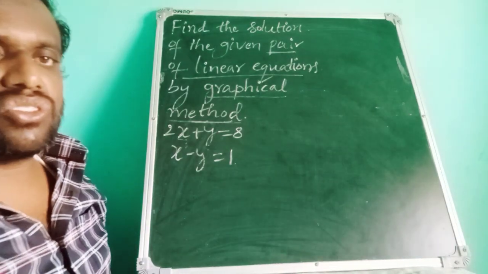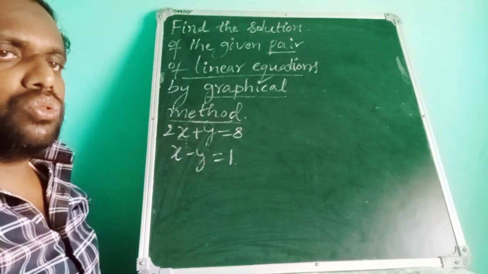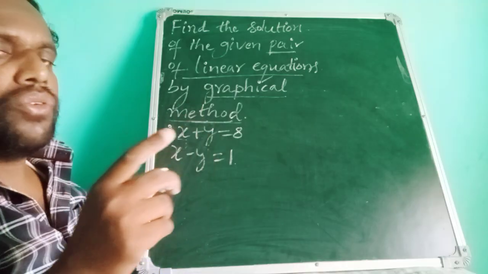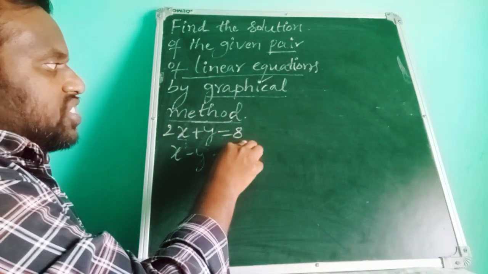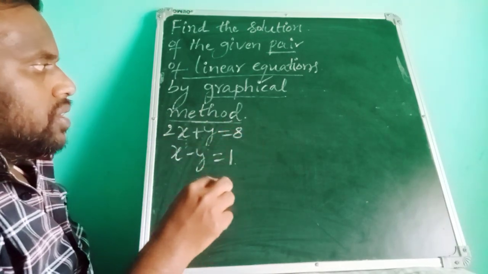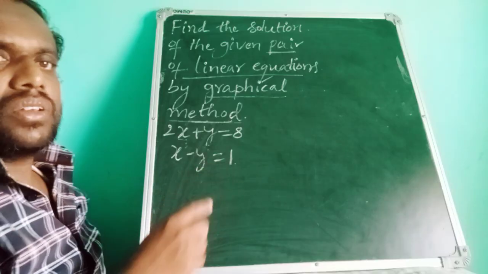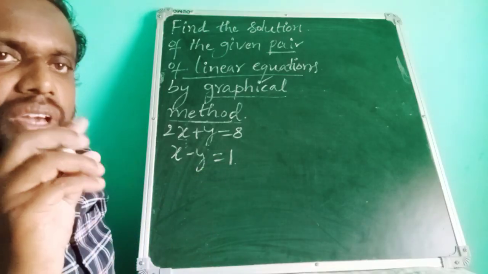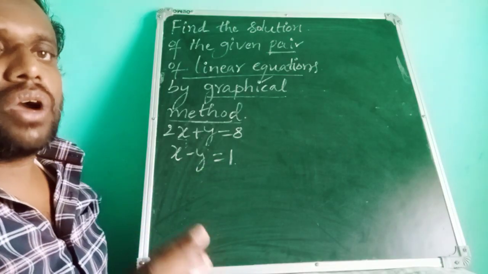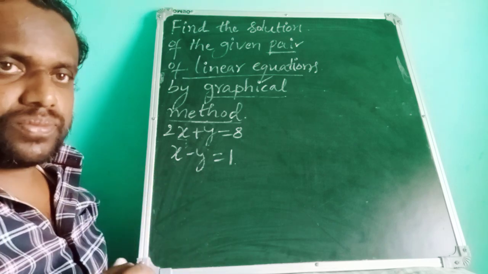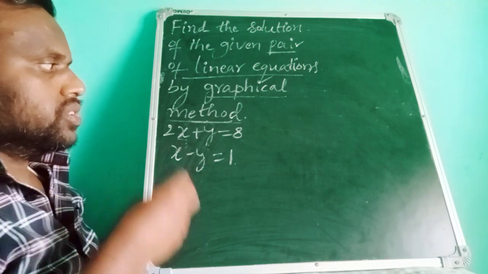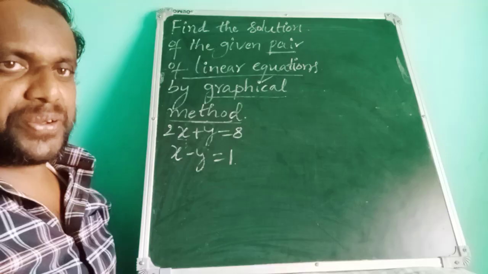Graphical method means we have to graph this linear equation and also graph this equation. So from the graph we have to identify the solution. That's what the question is saying.